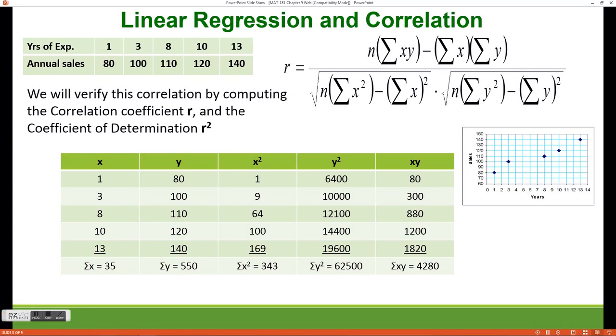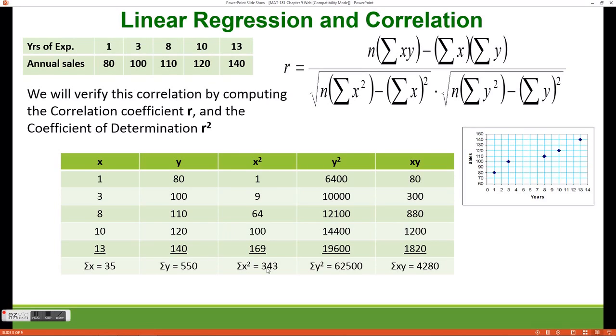The summations we use are very similar to the ones that we have in the standard deviation formulas we saw last week. The 5 sums that we need are the sum of x values, which we can calculate in column 1 of our table. We need the sum of y values, which is in column 2 of our table.